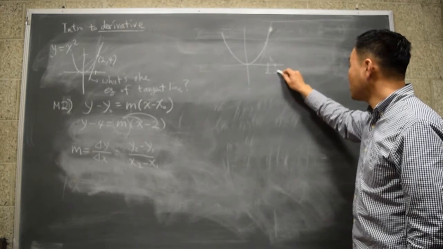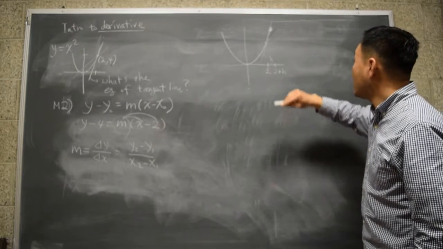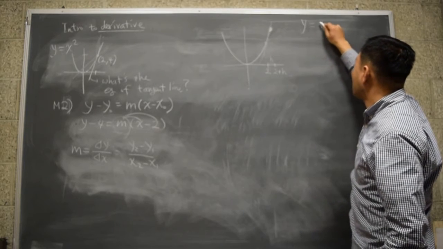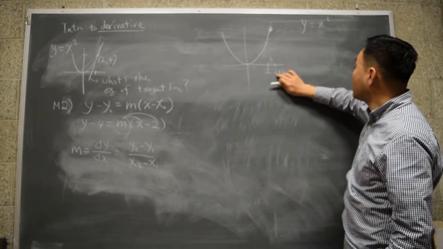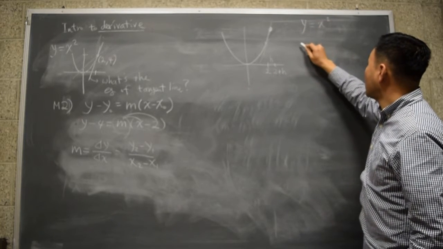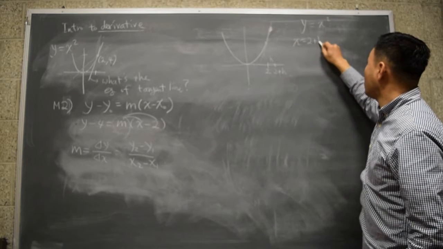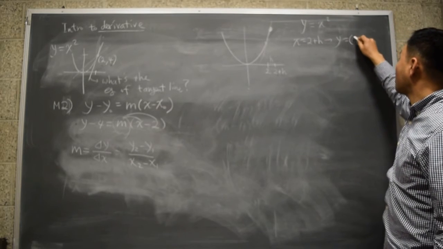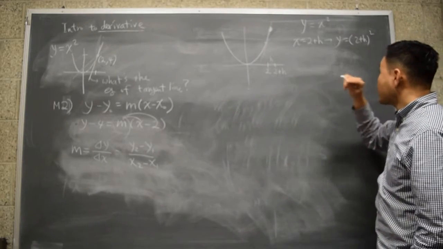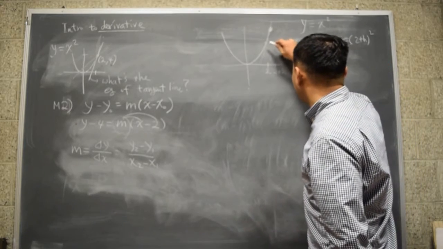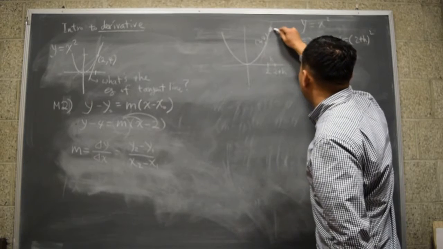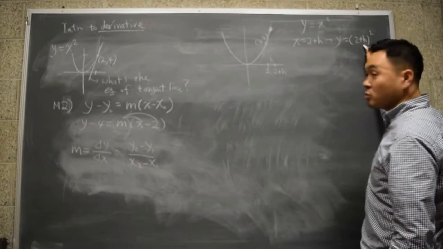And if you go slightly to the right and evaluate this function, since y is equal to x squared, if x is 2 plus h, then y is 2 plus h squared. So you have the coordinates 2, 4 here, and here 2 plus h, 2 plus h squared.